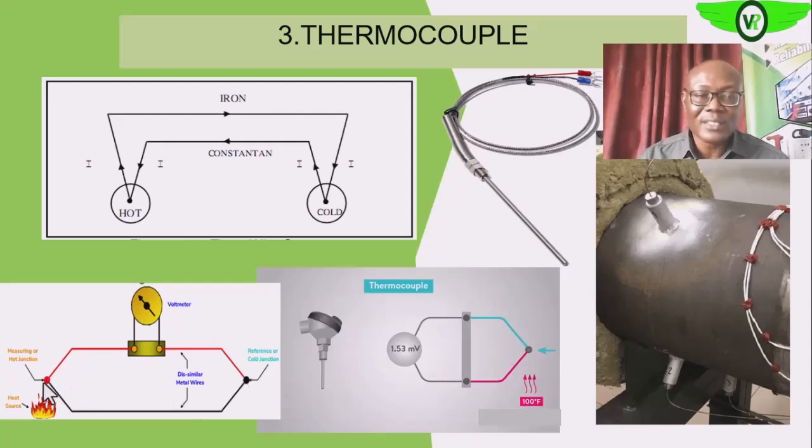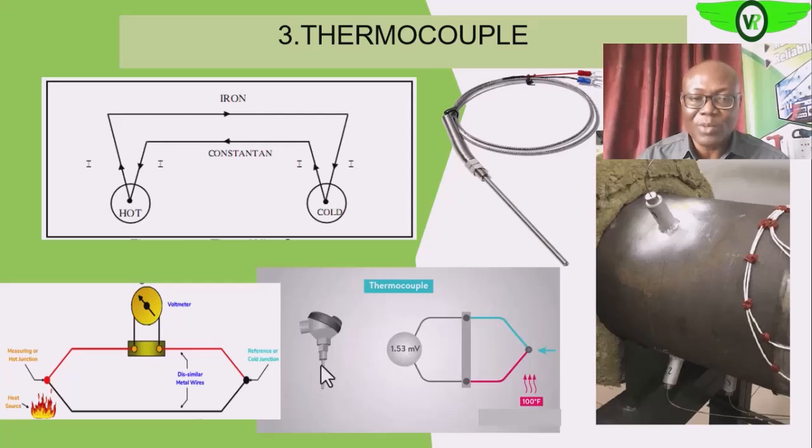As the temperature is increasing, the amount of current that will be flowing, or voltage that will be induced here, will also increase. Here we have an example of it. As you increase the temperature, the voltage in millivolts that will be generated will go up.